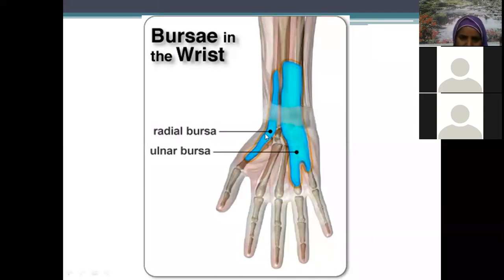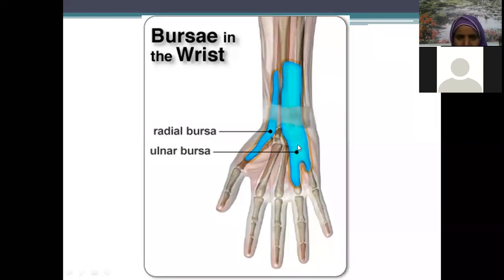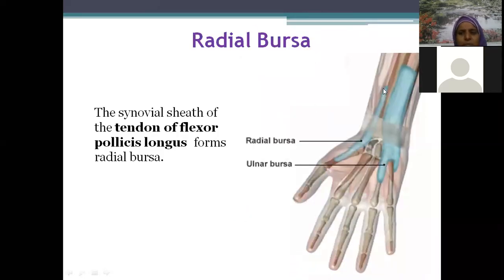Now you can see here, beta, this is the radial bursa, this is the ulnar bursa, which is in more continuation with the forearm space of Parona. So this is the radial bursa, enclosing the tendon of flexor pollicis longus.